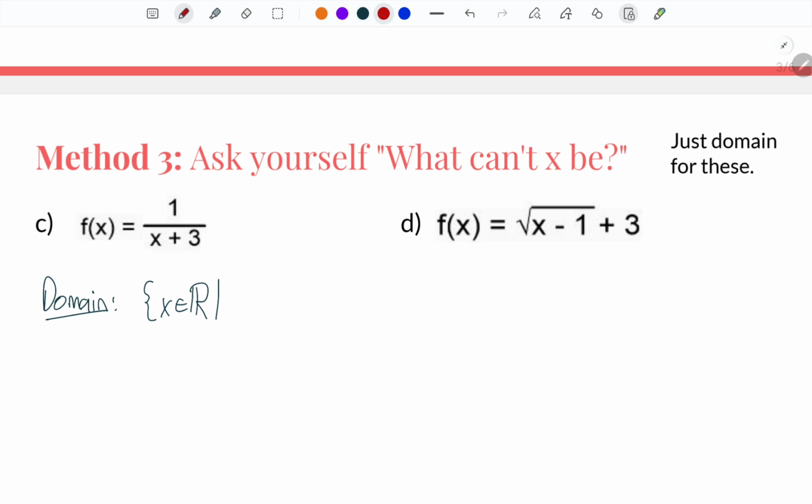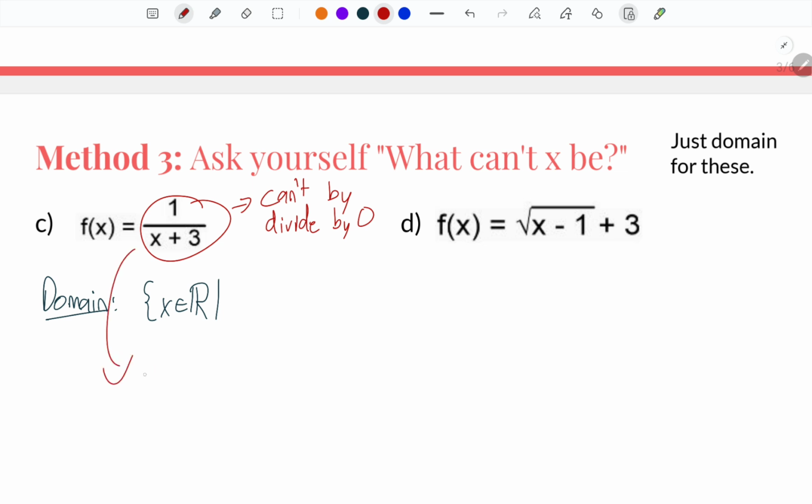And so, well, what might possibly happen? Well, in the first situation, what could possibly happen is you have a fraction, and what you can't do with the fraction is you can't divide by 0. And so we just need to figure out, well, when could you possibly have this division by 0 happening?